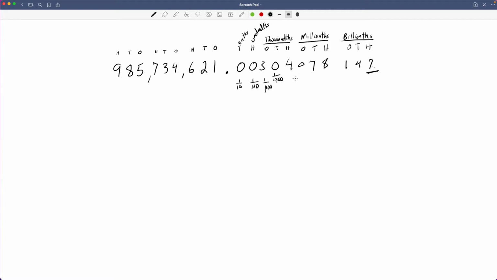And the other trick, of course, is to figure out the number of spaces: 1, 2, 3, 4, 5, 6, 7, 8, 9, 10, 11. Drop in your commas. And that's ones, thousands, millions, billions, 100 billionths. And that's how you can do that.